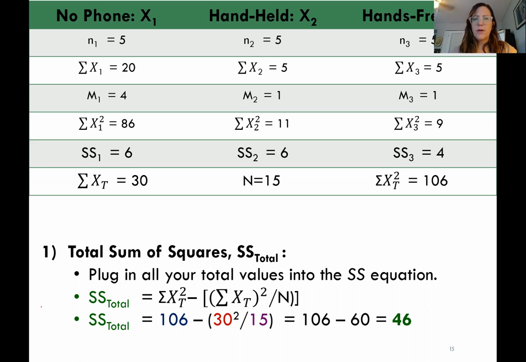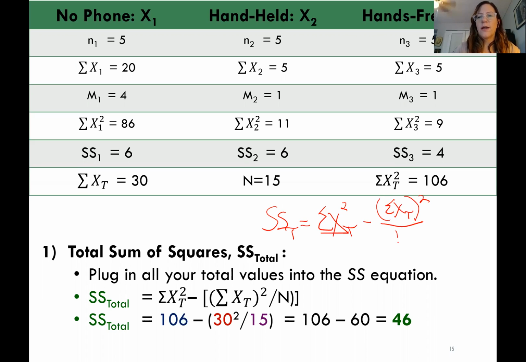So basically what I'm going to do is use this equation here, which is the sum of x squared total minus the sum of x total squared over n. That's basically what this is.